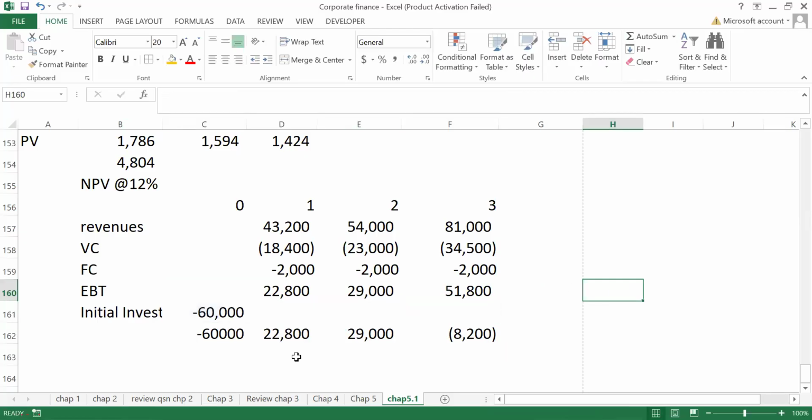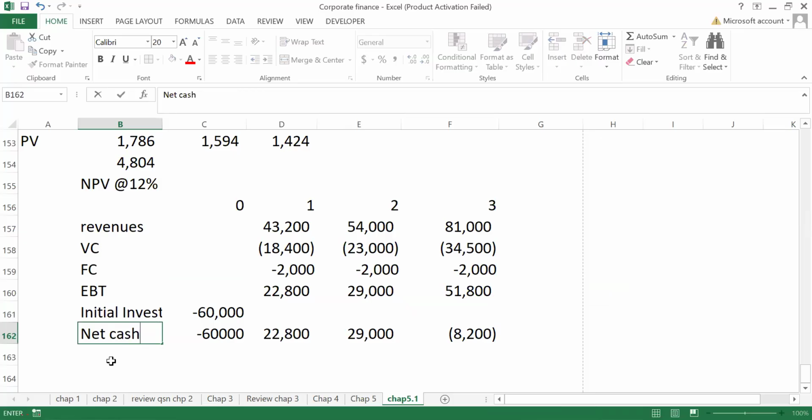Don't have residual. Net cash flows. Then my discounting factor at 12%, 1 plus 0.12 to the power minus this.